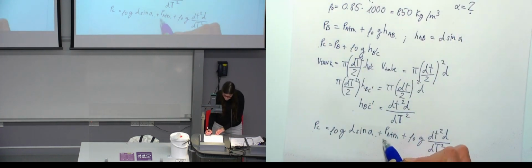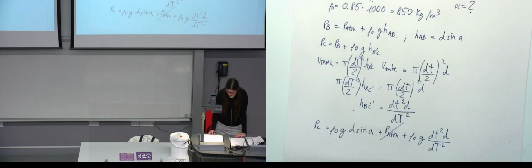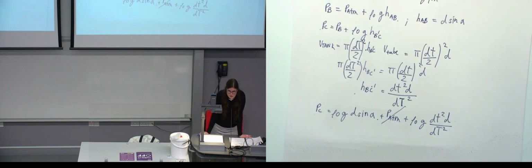So we can just neglect the atmospheric pressure here. And then we have all the data: we know the density of the oil, the distance, and the diameters, so we can isolate alpha from this equation.